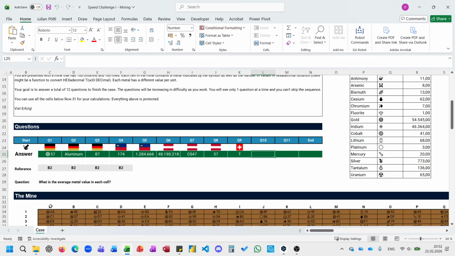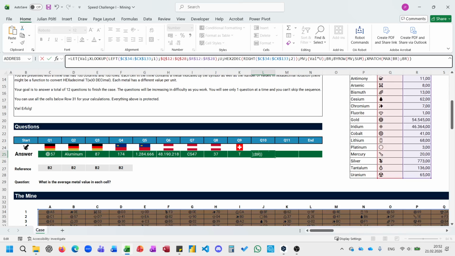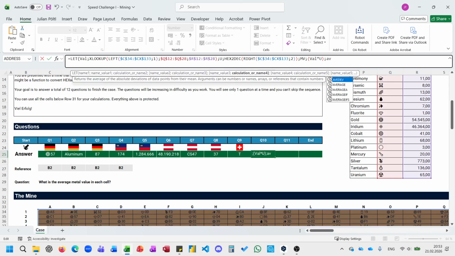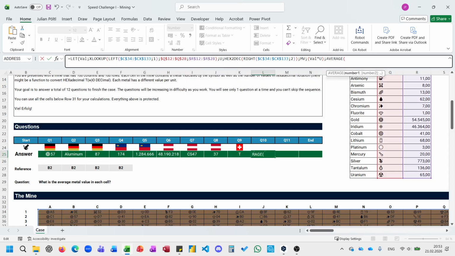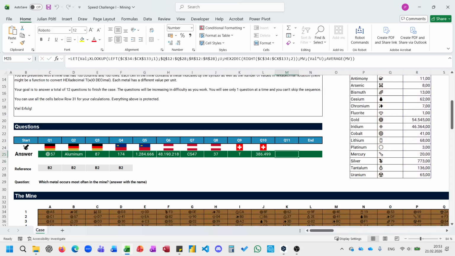What is the average metal value in each cell? Wow. And then AVERAGE MV. Which metal occurs most often in the mine? Answer with the name.